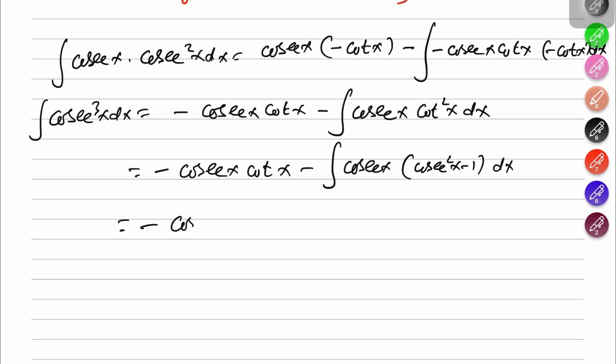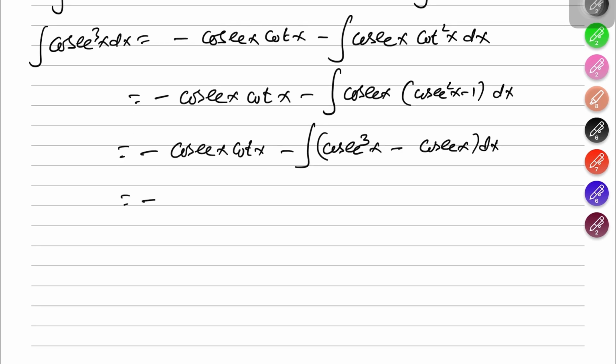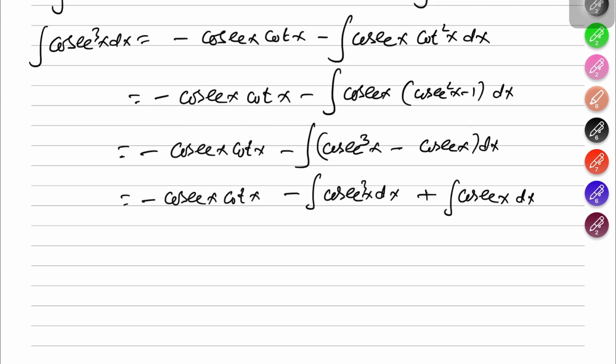That becomes minus cosec x cot x minus the integral of cosec cube x minus cosec x dx. Now we'll break it, so it becomes cosec cube x dx and minus plus cosec x dx.